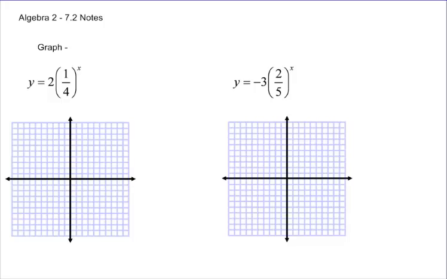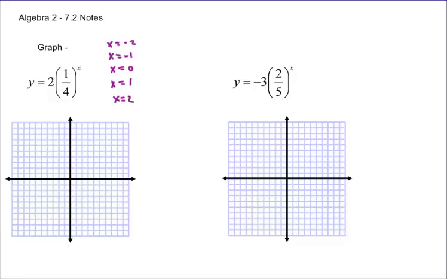Okay, so here let's look at a couple different graphs. Starting with 2 times 1/4 to the x. Notice that x is only on the 1/4. So let's just look at a few points real quick, when x is -2, -1, 0, 1, and 2.